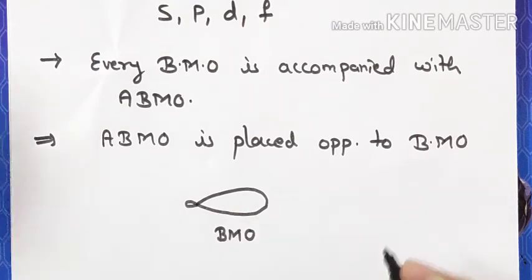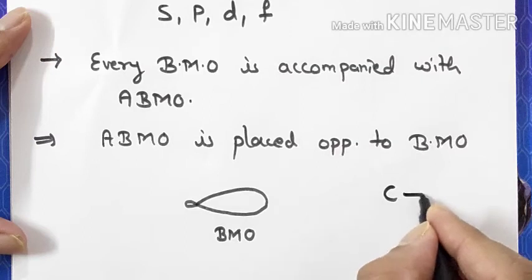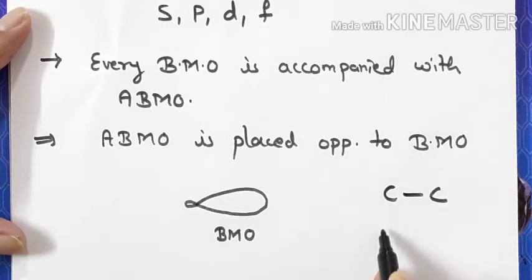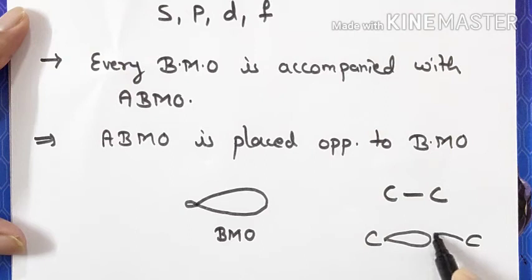In books we studied that a bonding molecular orbital forms a bond. If there's a bond between carbon and carbon, that means this carbon has a bonding orbital and the other carbon also has a bonding orbital, and they overlap and the bond is formed, right?